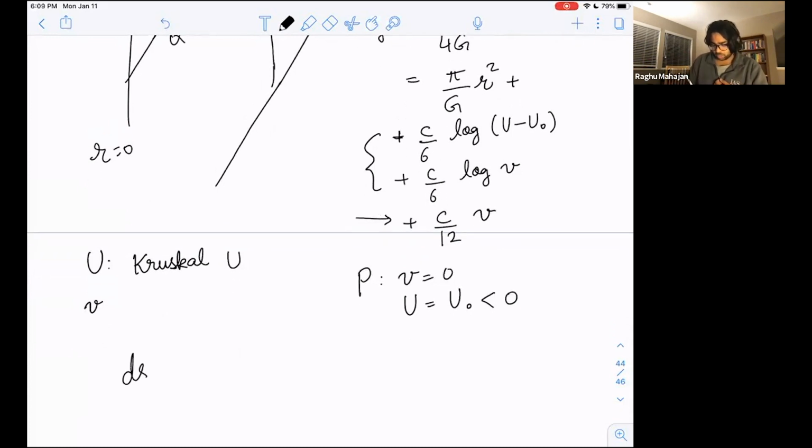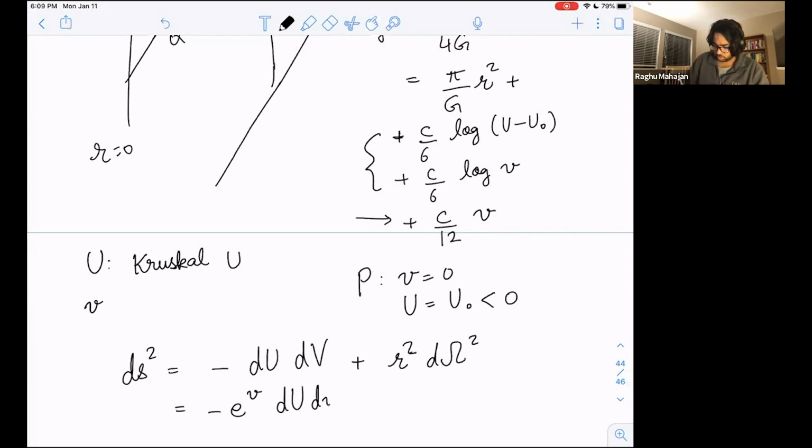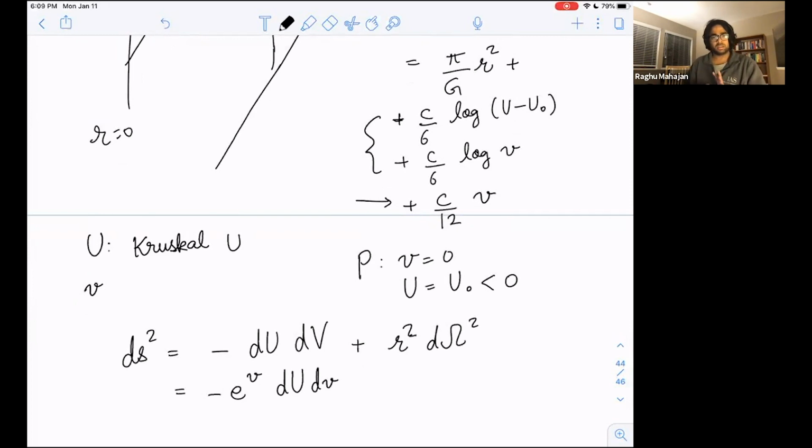The metric in Kruskal coordinates is basically dU dV plus r squared d omega squared, and I'm linearizing near the horizon. Near the horizon, U and V are just like light cone coordinates, but we are not using capital V. So I'm going to write this as e to the little v times dU dv. And we're going to forget about the 2-sphere because it's not going to do anything. So this is just the Kruskal metric near the horizon.